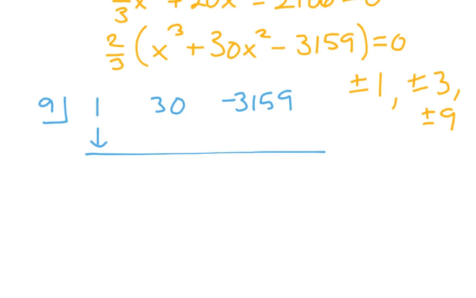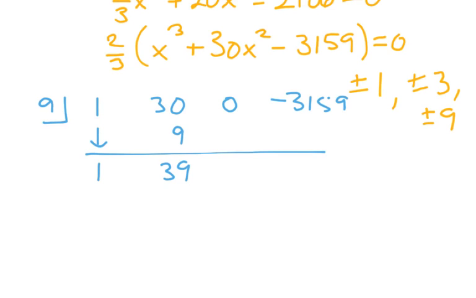Let's see what we get. 1, 39, and 9 times 39 is... I didn't put a placeholder in, so let me put that in right now. This was 0, and this was negative 3,159.